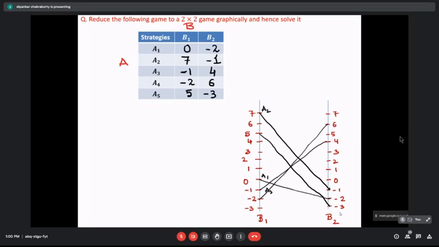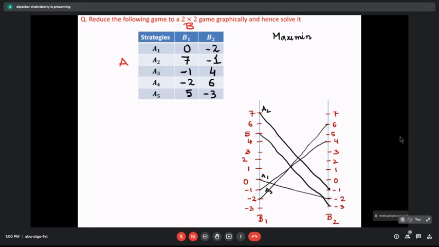Now just try to understand the logic. What we have done earlier, what we have searched for. Last time we searched for the lower envelope, because the logic was maximin. Why was the logic maximin?